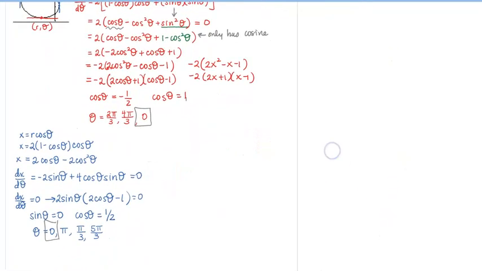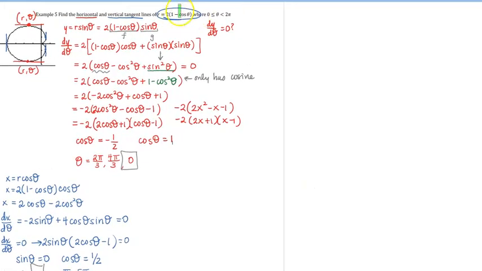Now I'm going to go back to the original equation and use this to get the actual points that we have here. So I'm going to set up a table of theta values and r values. The first theta value we found was 2 pi over 3. That was when dy d theta was equal to 0.